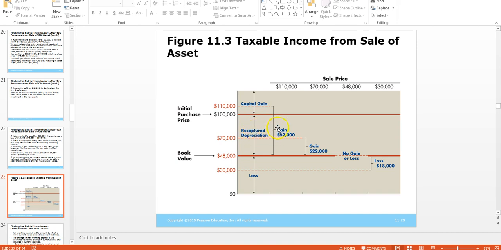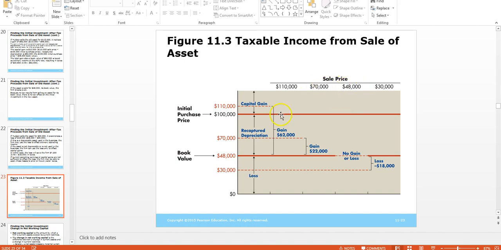So you can see the total gain is $62,000, but $10,000 was that extra you got, which is the capital gain, and then the other 52 is basically recaptured depreciation. You can't have your cake and eat it too. This is really what it's worth. So they have different scenarios.